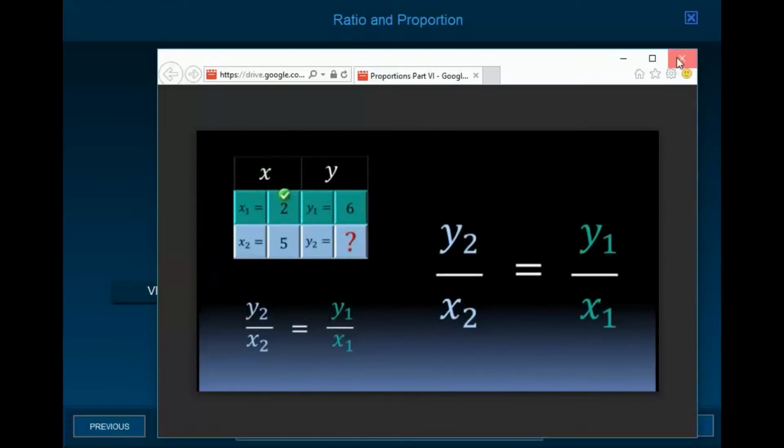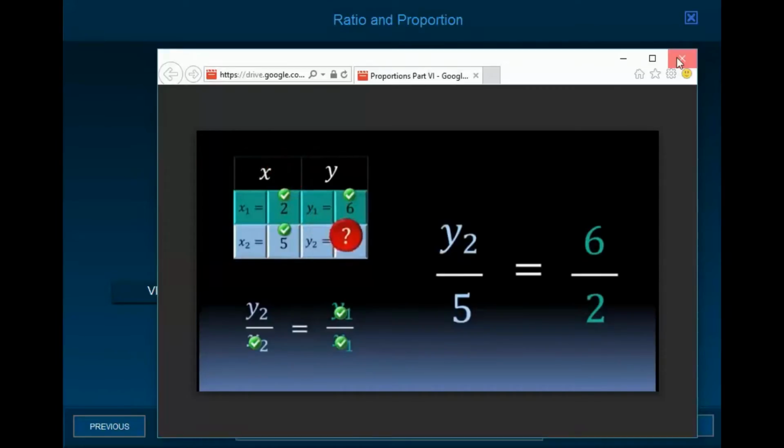First of all, at the first point in time, x is equal to 2, so we replace x sub 1 with 2. At that same point in time, y is equal to 6, so we replace y sub 1 with 6. Then, at a second point in time, x is equal to 5, so we replace x sub 2 with the value 5.